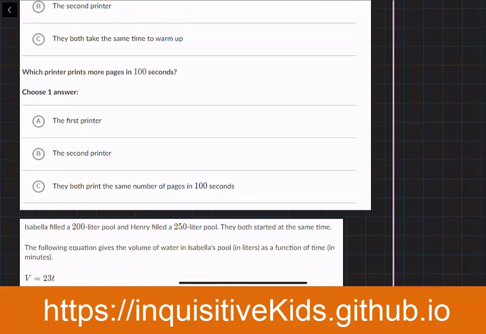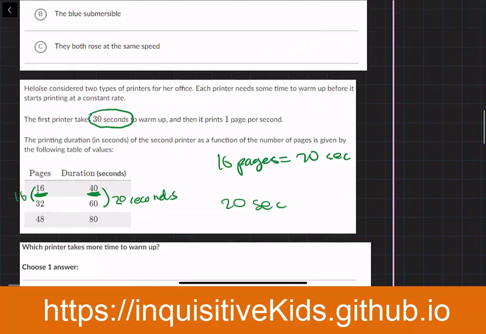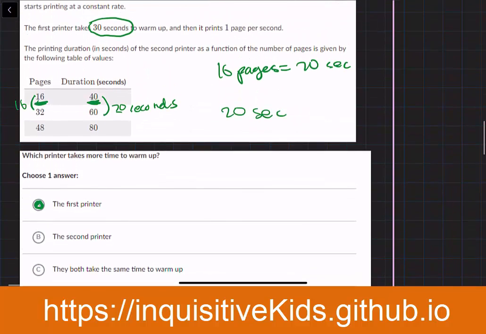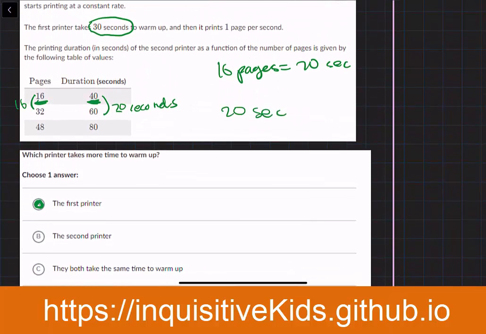Which printer prints more pages in 100 seconds? Let's see. So in 100 seconds, for the first printer, we've already used 30 seconds out of the 100 seconds, so we only have 70 seconds left. And since it prints 1 page per second, we'll have 70 pages. And we've already used up 20 seconds out of the 100 seconds in the second printer, so we only have 80 seconds left to print out pages.